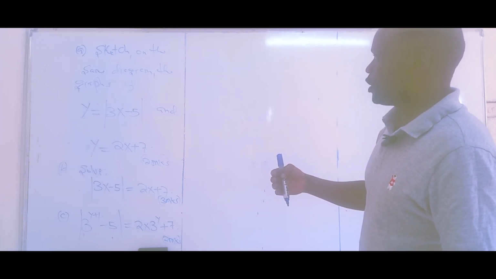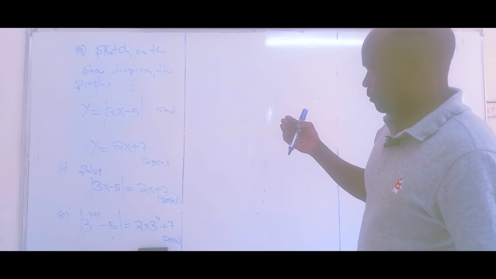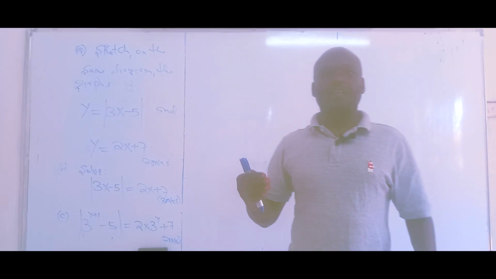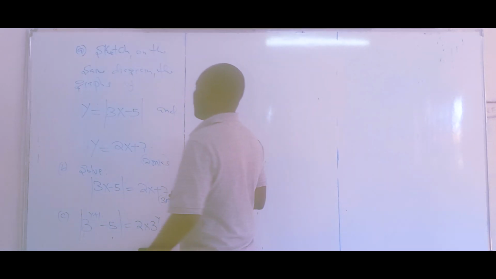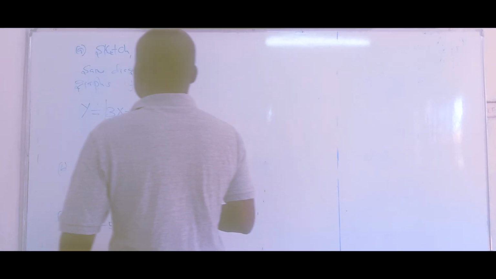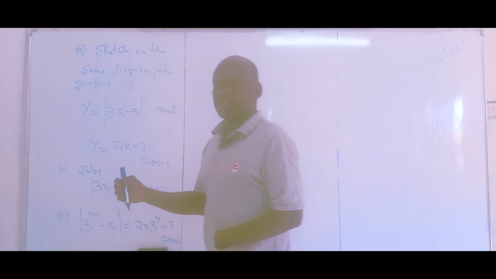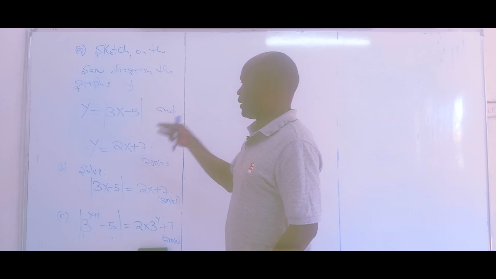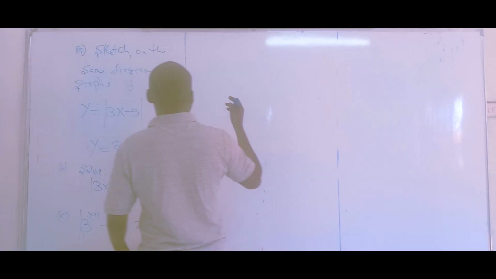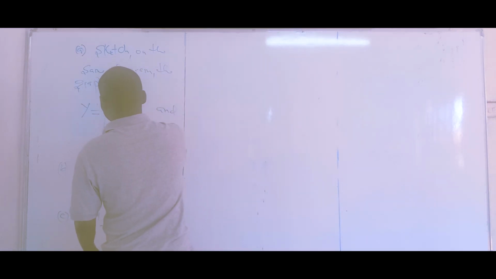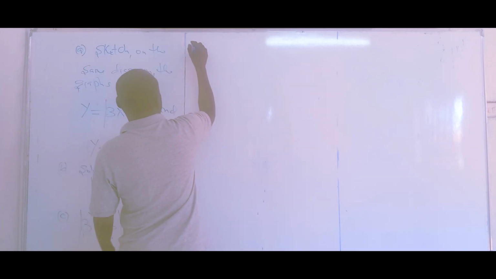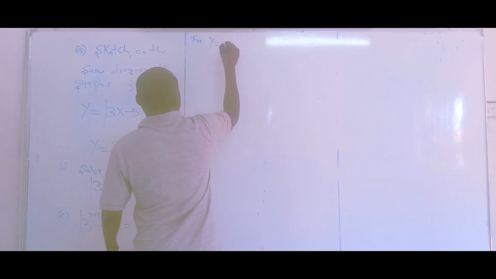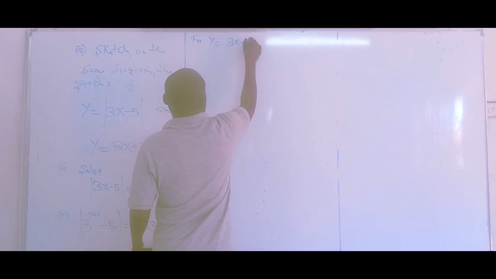If you are sketching a line, then 2 points would be sufficient, but the third point is necessary for confirmation of your answer. So in this case, I'll try to extend it a bit so that we get to see what this particular line represents. So I'll start with my grid, that is for y is equal to modulus of 3x minus 5.